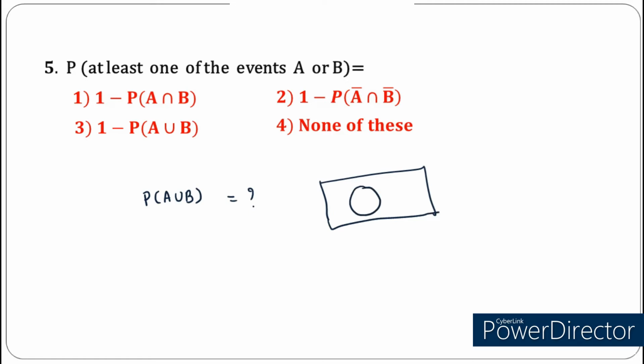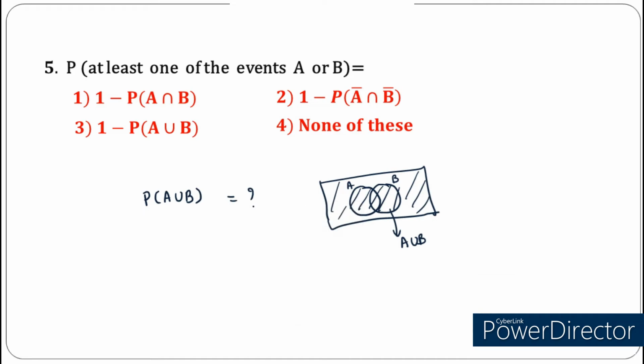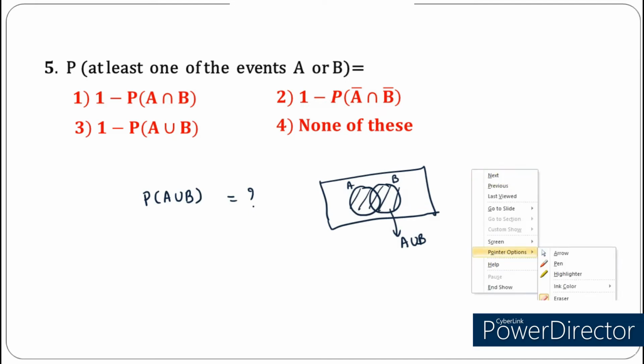So let's say this is A, let's say this is B. This inside part is nothing but A union B, and for the outside part, let me use a different color so that you'll understand.